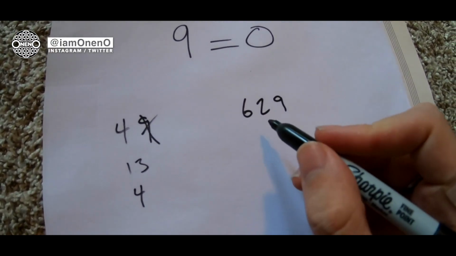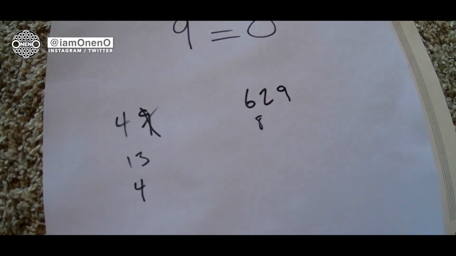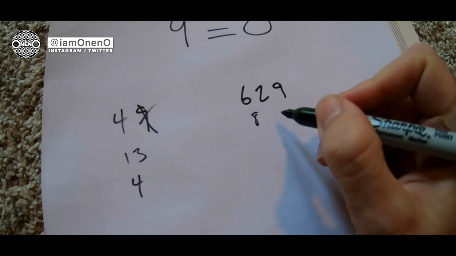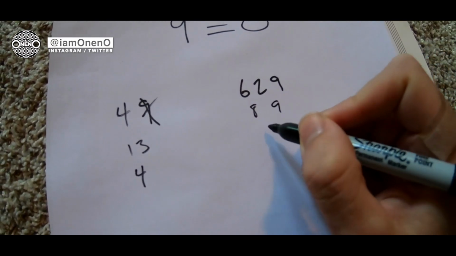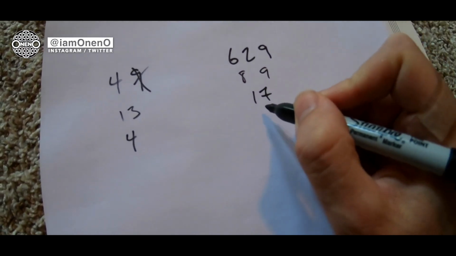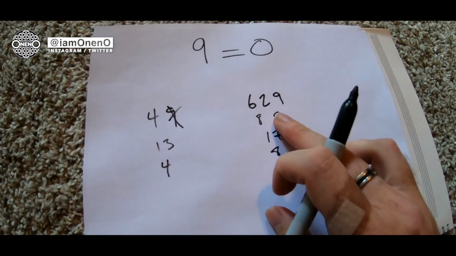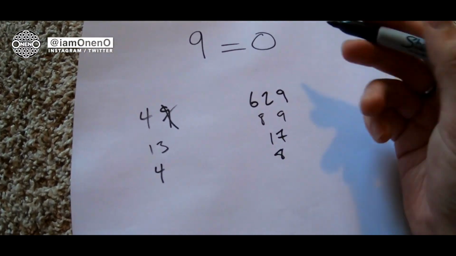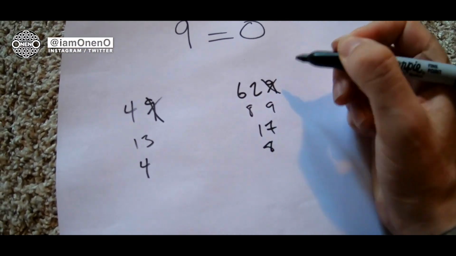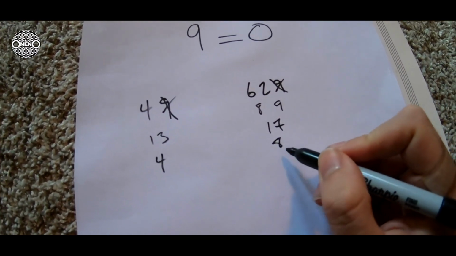You would add 6 and 2, that would be 8, plus 9 is 17. And then 1 plus 7 would be 8. So you can see immediately how if we had treated this 9 as a 0, we could have knocked that out. We could have added 6 plus 2 to give us our number of 8.